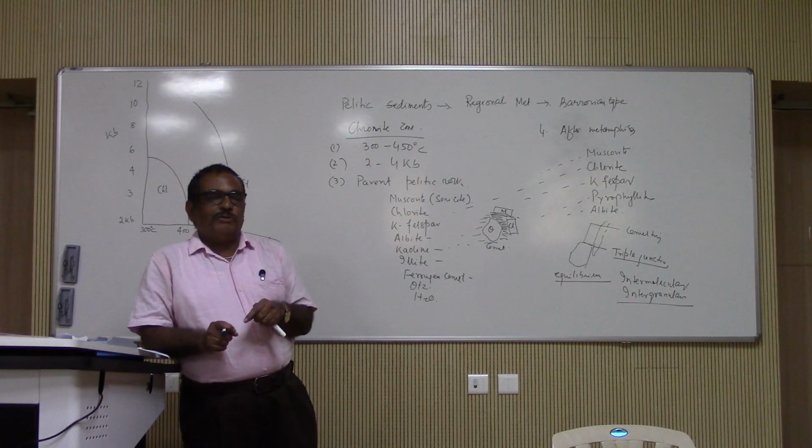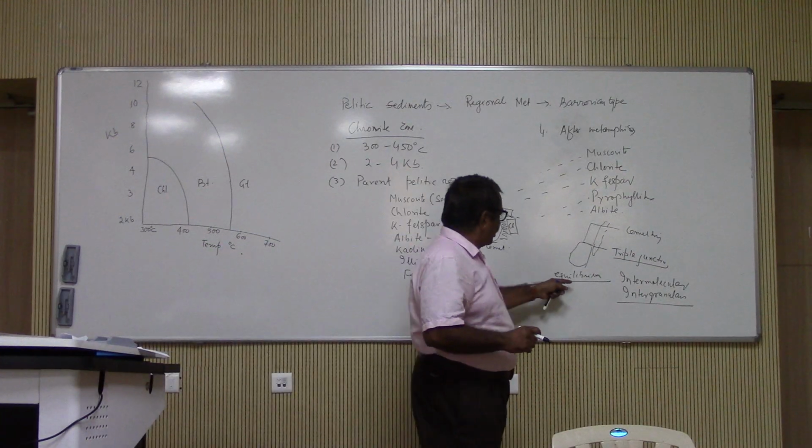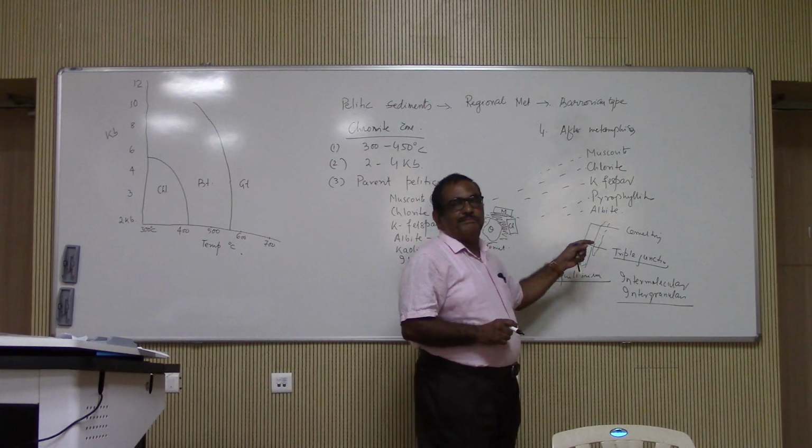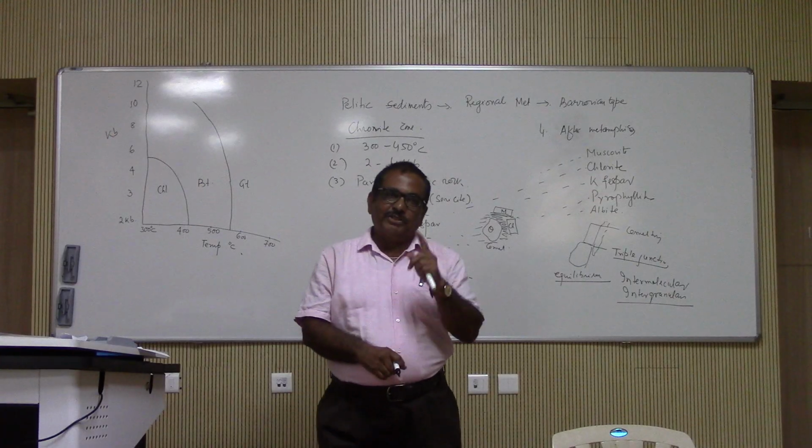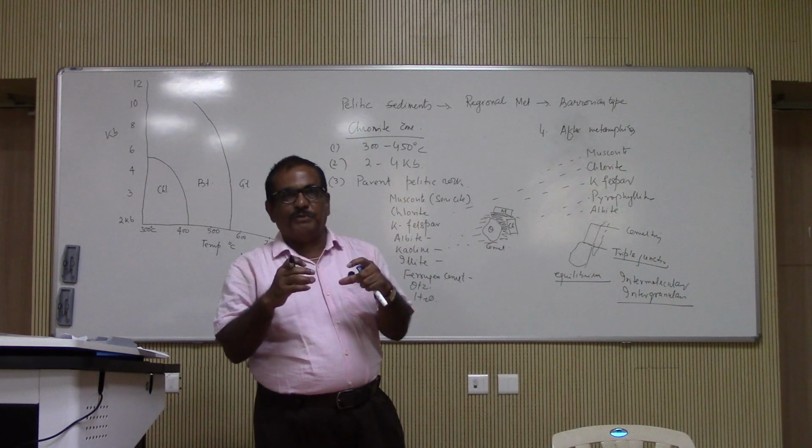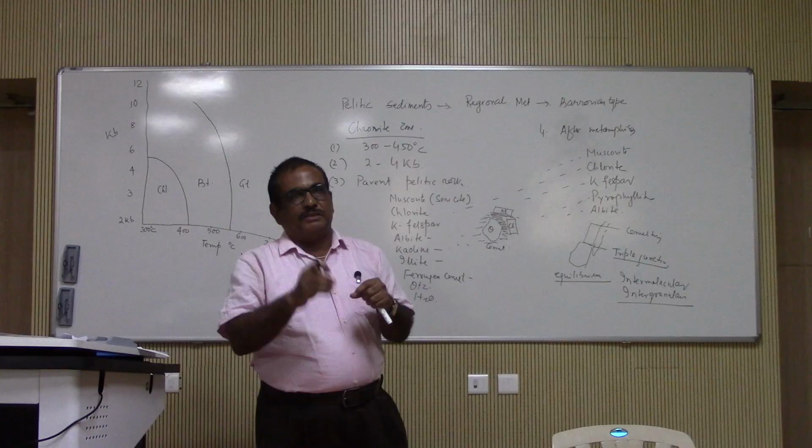So this intermolecular force or intergranular force develops during this metamorphism. And these triple junctions, because the minerals are in equilibrium, so they share a triple margin, triple junction margin.